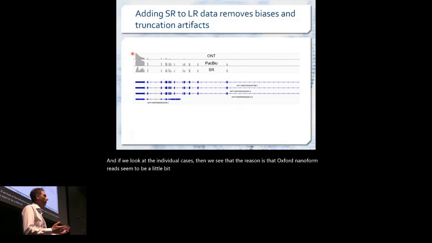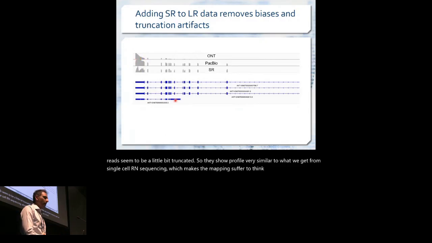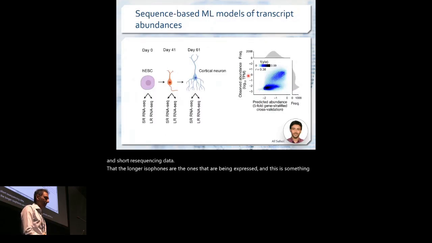So they show a profile very similar to what we get from single-cell RNA sequencing, which makes the mapping think that these reads actually come from this very short isoform and gives zero to these longer isoforms. Whereas PacBio and short read sequencing data tell us that the longer isoforms are the ones that are being expressed. And this is something that MPACT fixes.